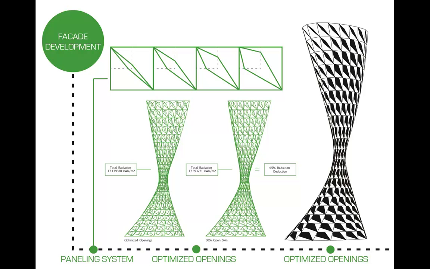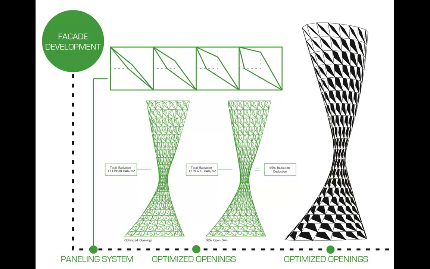The next step was facade development. On the left is the initial tower and its radiation. On the right is the optimized. The facade was created using the paneling tools and operates by selecting the center point and moving it towards a midpoint of a chosen line of the panel, opening to form a diagonal diamond.